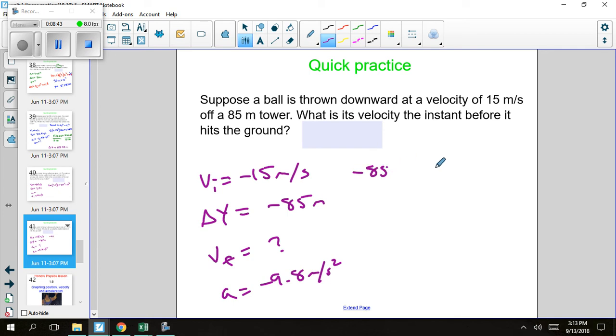So negative 85. Let me rearrange this just a little bit. Not enough room. There we go.